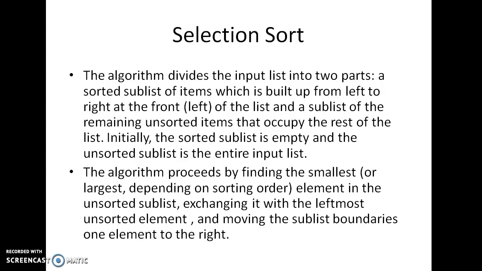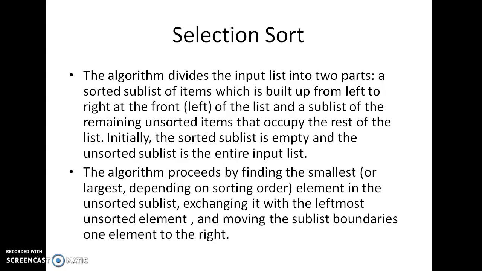Whichever element we prefer based on the sorting order, the least or the highest, it will be placed in the starting position. Then we go to the next position. Like this, we go up to the last element until all the elements in the array are sorted.